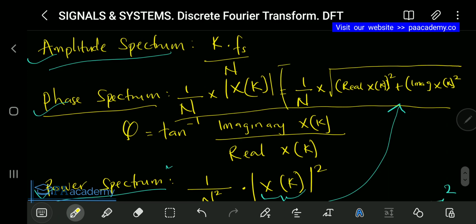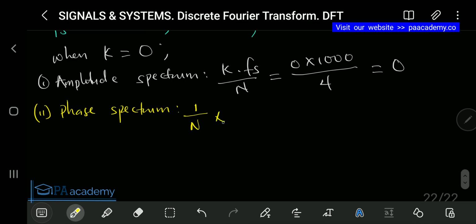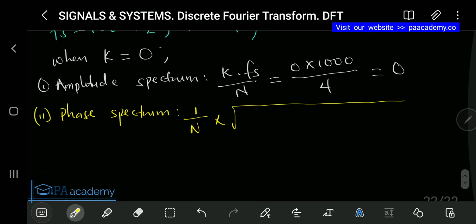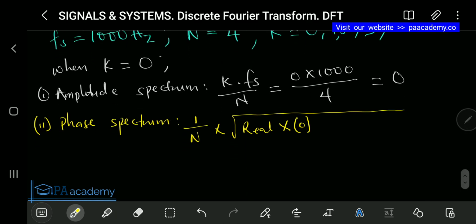So let's work with this. That's 1 over N times the square root of the real part of X of 0 now. Remember it is X of k. Or let's just write the formula itself: the real part of X of k plus the imaginary part of X of k.